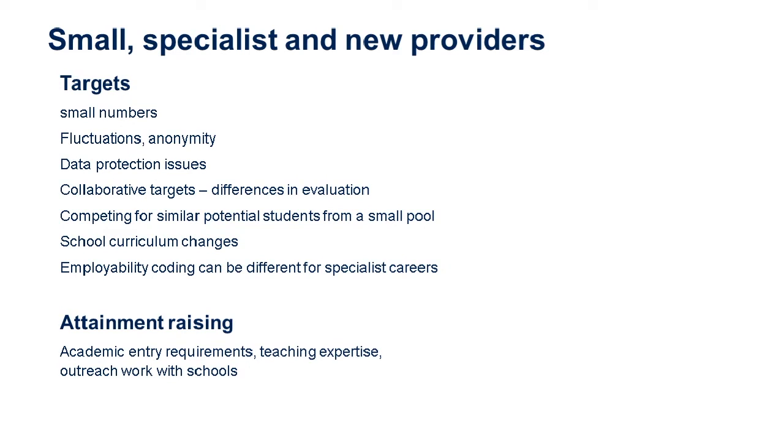Collaborative targets, we do hear from providers that these can be difficult for especially small and specialist providers where they may be competing for a small pool of potential students. School curriculum changes, which may lead to, again, fluctuations, problems with more long-term targets and milestones.